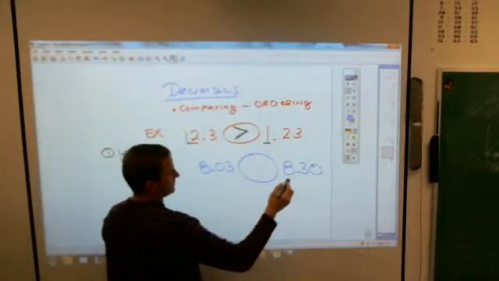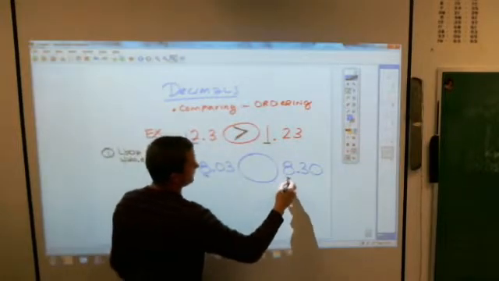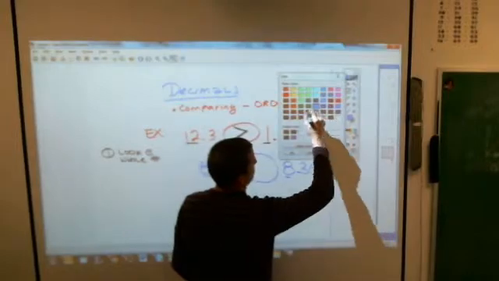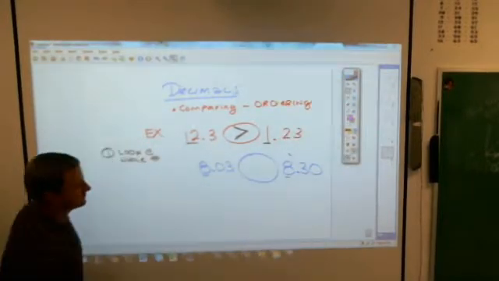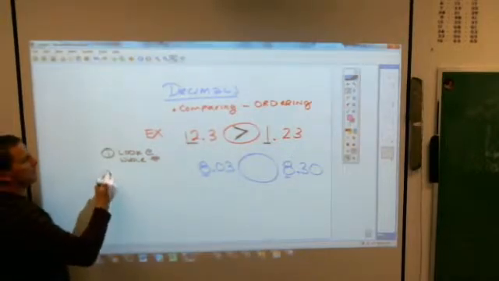Now, in this case, we can go past step number 1 because the whole numbers are the same. After that, what do you suppose your thought process should be? Brady? Look at the number after the decimal.